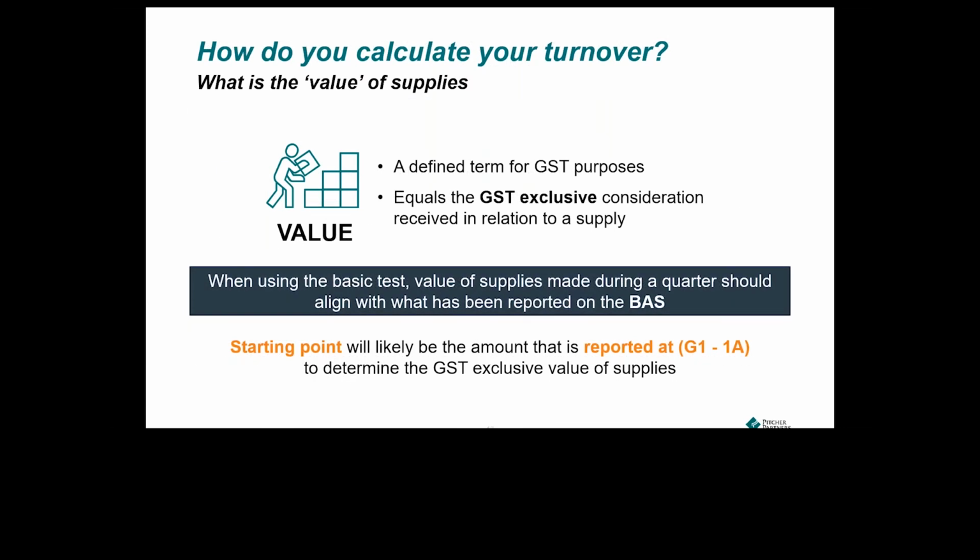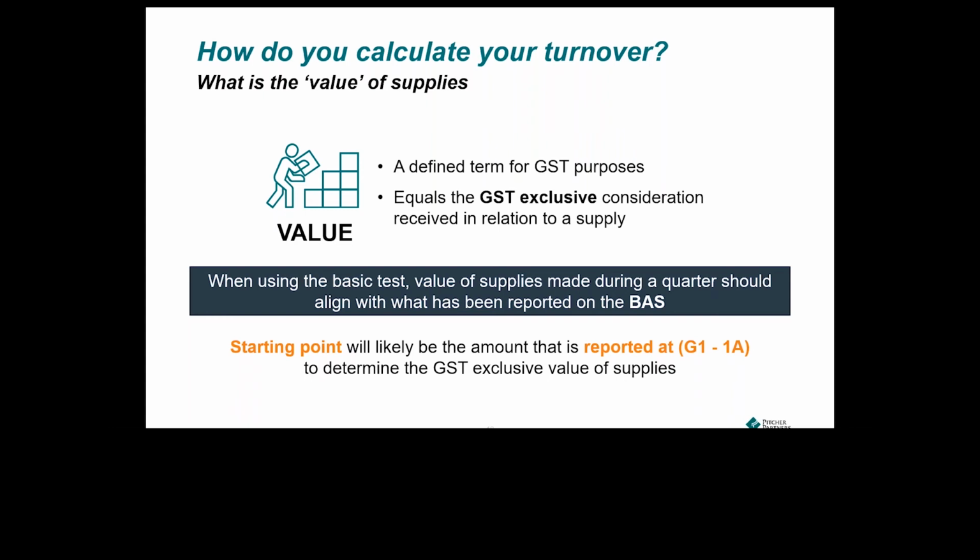So how do you calculate your turnover? And what is the value of supplies? The value of a supply is a defined concept for GST purposes in the GST Act, and it equals the GST exclusive consideration received in relation to the supply.